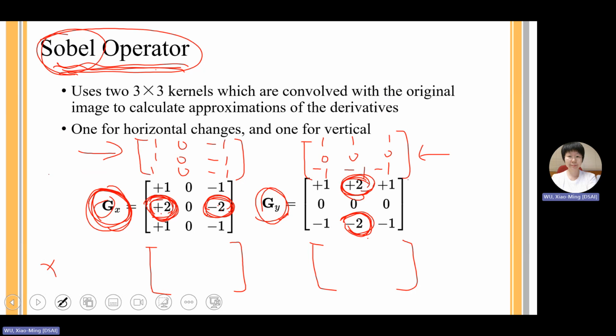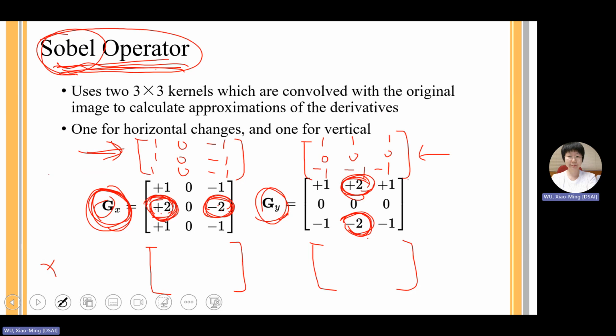What are the advantages of a Sobel operator compared to the X derivative and the Y derivative, compared to the normal image filters? As we explained, GX and GY are the derivative of Gaussian filter, and the Gaussian filter can be used to smooth the image and reduce noise.